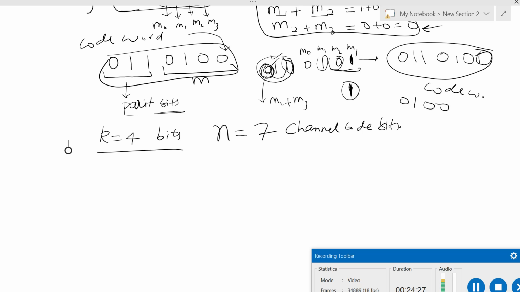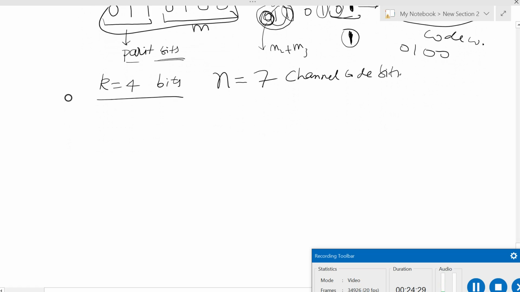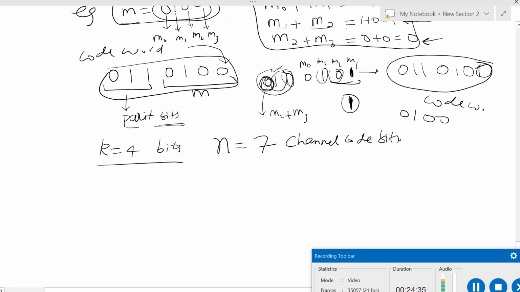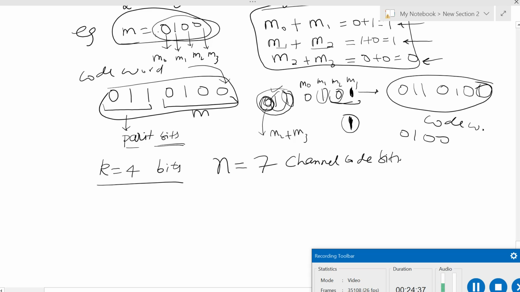So here is the notation for it. And one more thing is, if you look at the code of this message, part of the code I will represent by C. Okay. So part of the code contains message bits also.